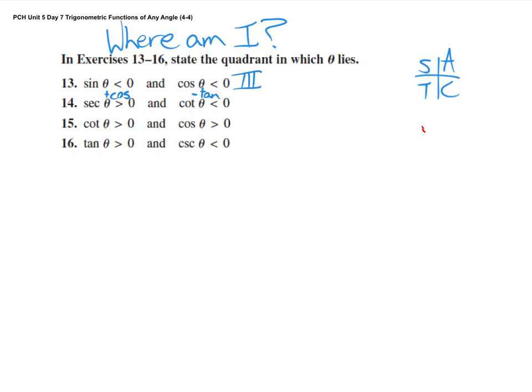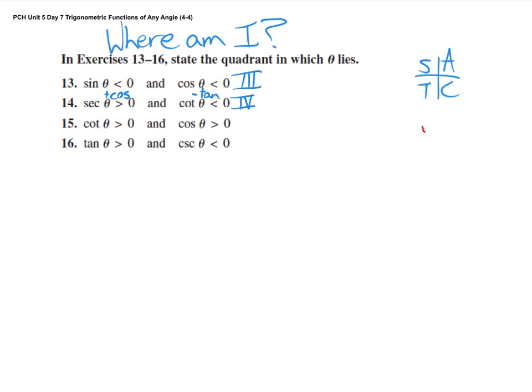Fourth one. In the fourth quadrant, I have a positive cosine here and here, I have a negative tangent here and here, so I must be in the fourth quadrant there. See how these are just kind of puzzles that you can figure out?